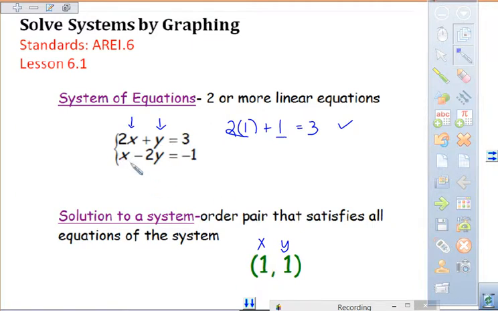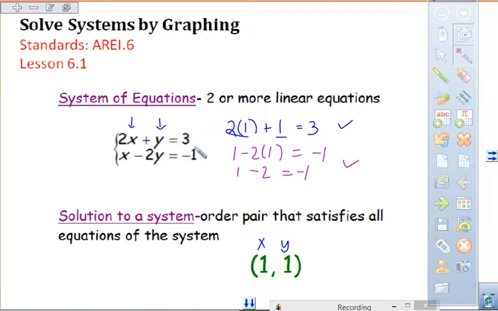If I try this coordinate in the second equation, I get 1 minus 2 times 1 equals negative 1. If I simplify, I get 1 minus 2, and that is equal to negative 1. So that coordinate works in the second equation. Because the coordinate works in the first equation and the second equation, it is a solution to the system.